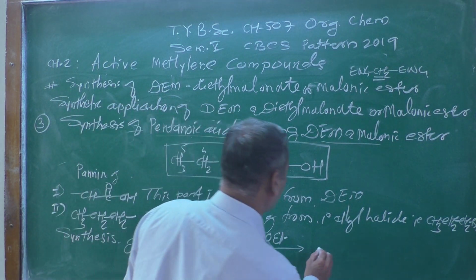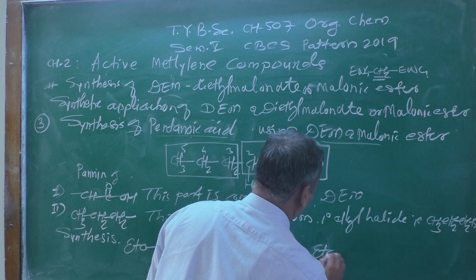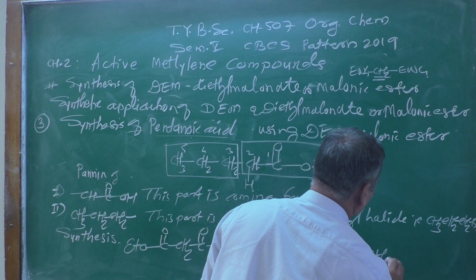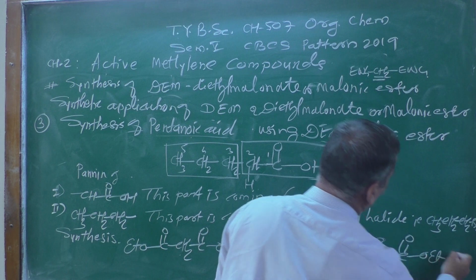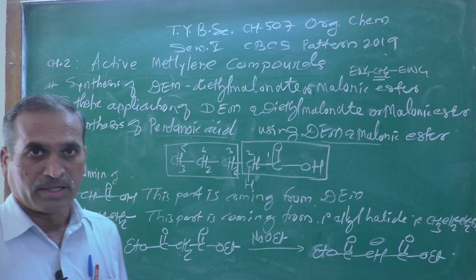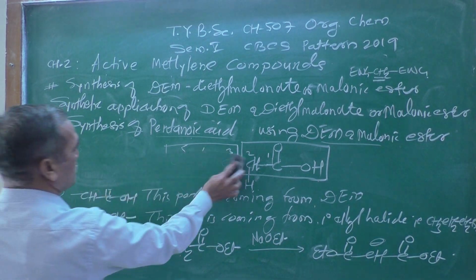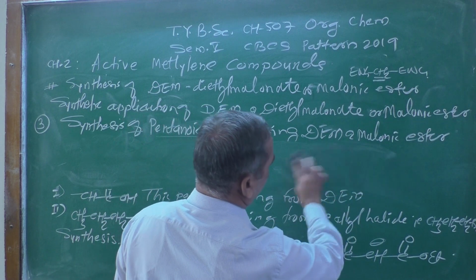So we will get this intermediate, EtO-C(=O)-CH⁻-C(=O)-OEt. The negative charge is present on the carbon atom, and that species is generally termed a carbanion.